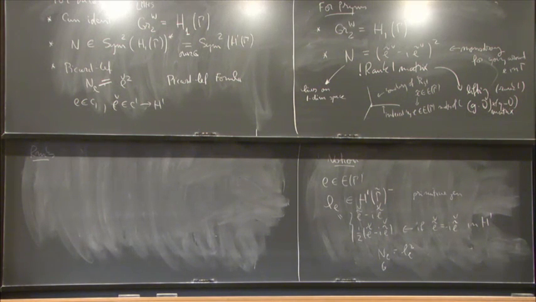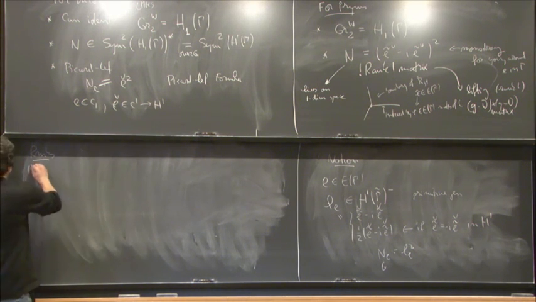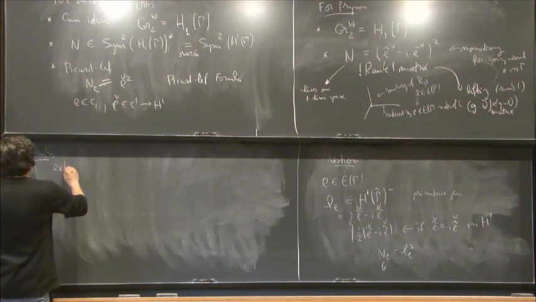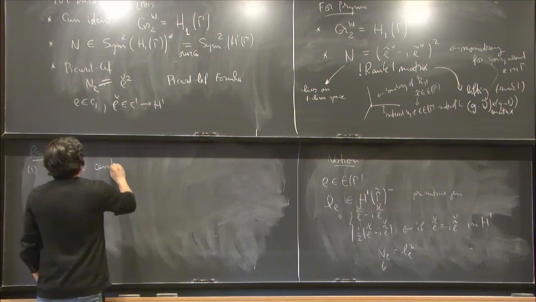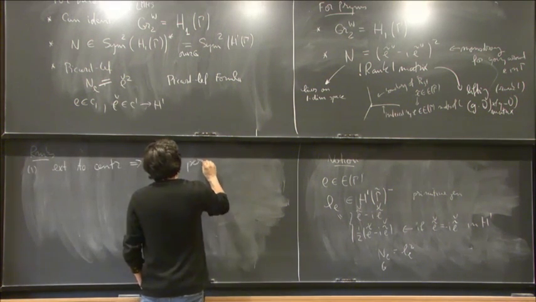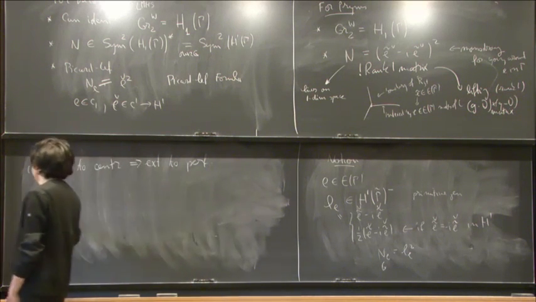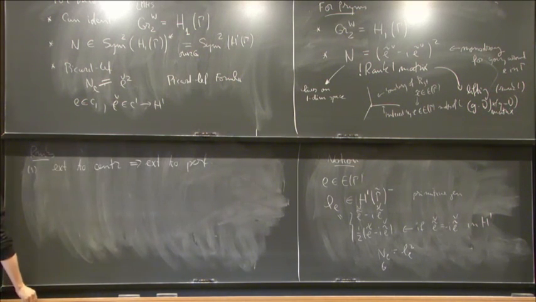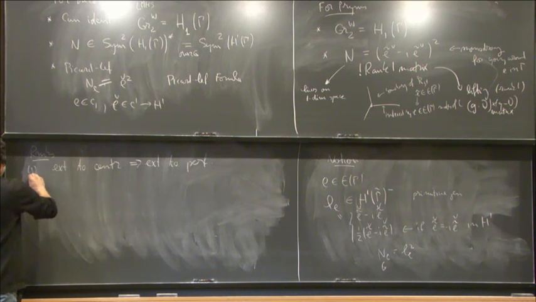So I can solve it for any given problem, but not in a general situation. The second remark is that extension to central implies extension to perfect. Of course, this is a stronger condition to extend.